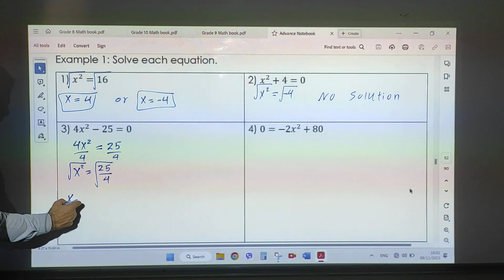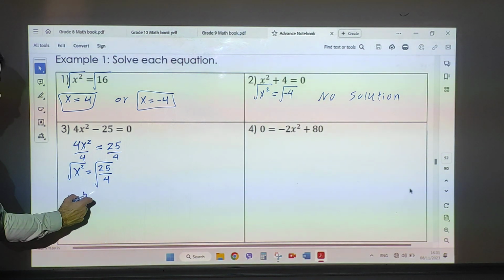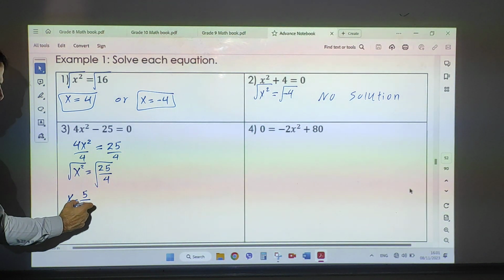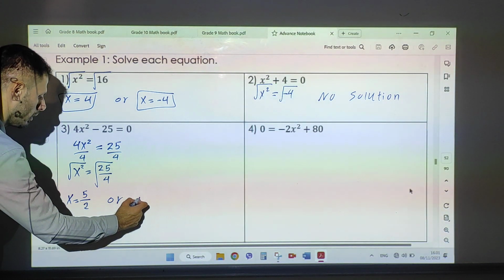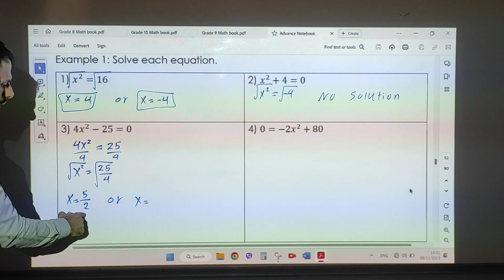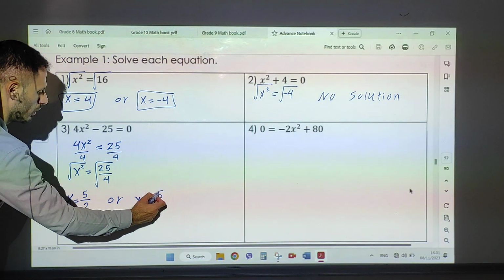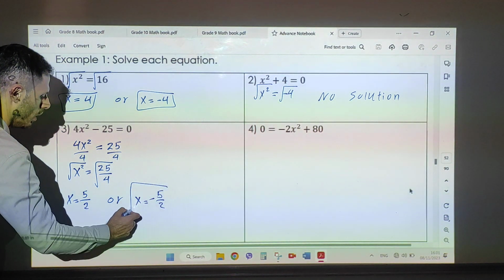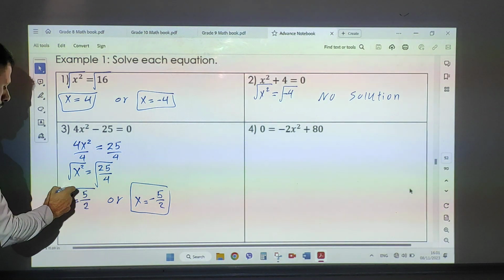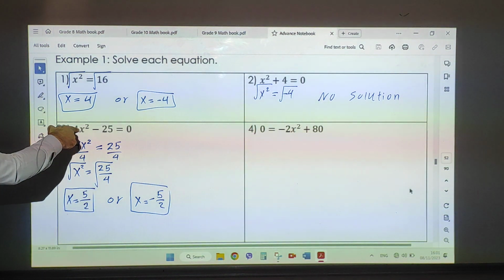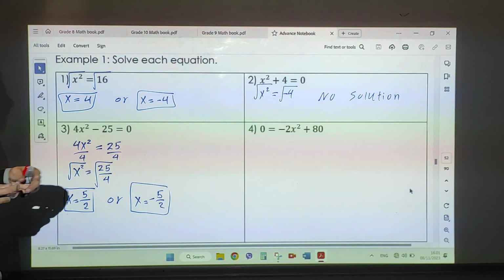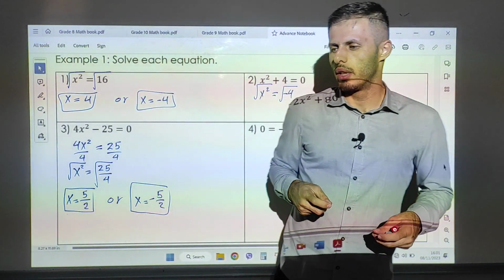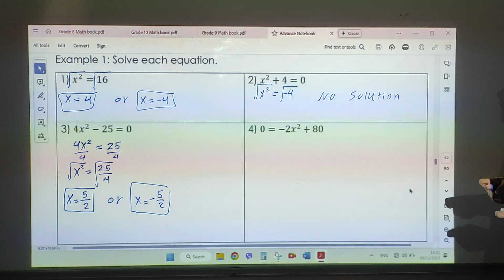Then x equals 5 over 2, because 25 came from 5 times 5 and 4 came from 2 times 2, or x equals the negative of that number, which is negative 5 over 2. If you solve by difference of 2 squares from the beginning, you will get the same two results. Always if a question is possible to solve by different ways, in all of them you must get the same result.